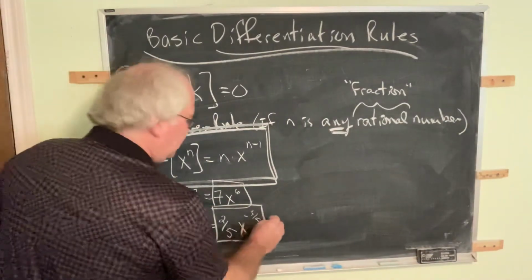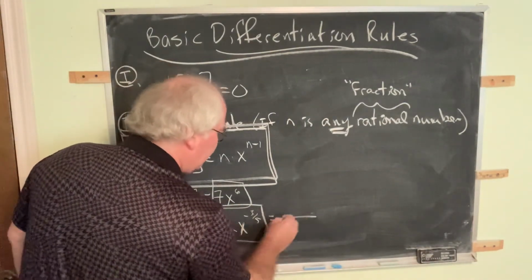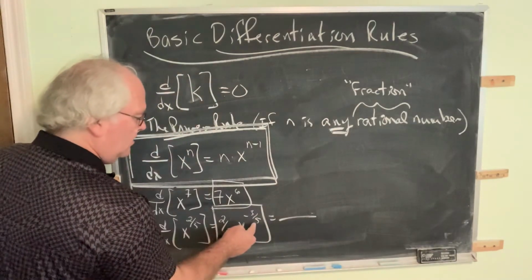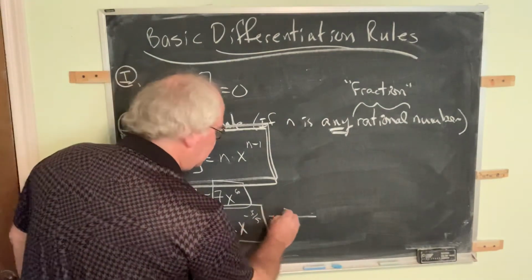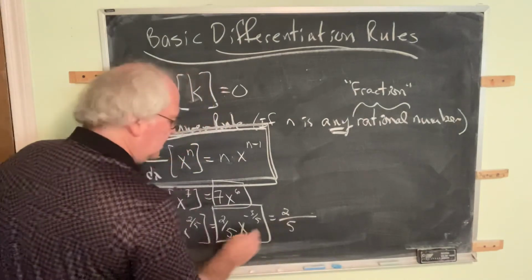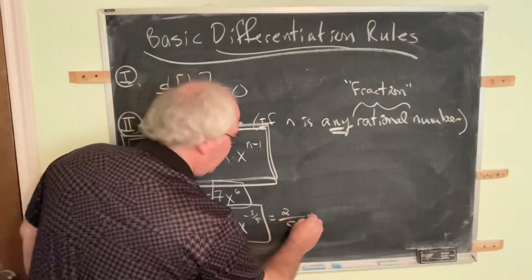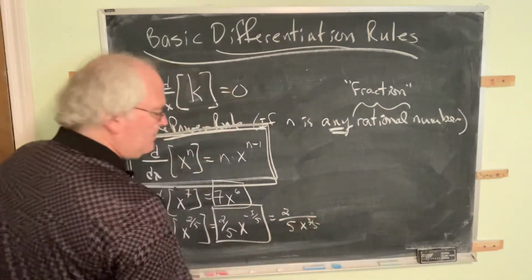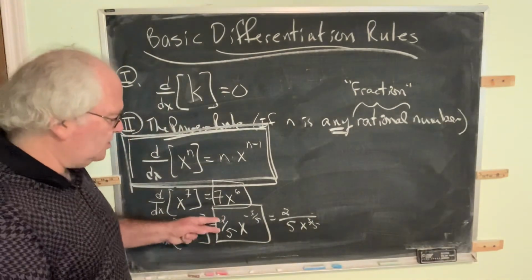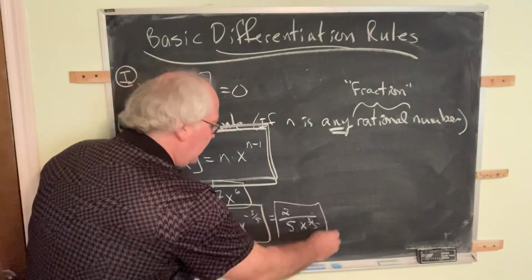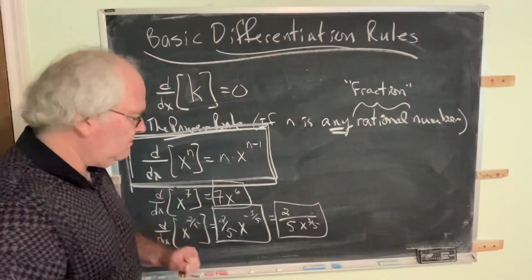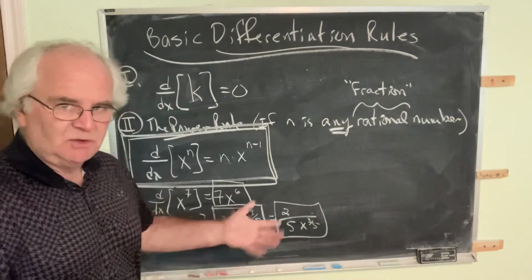Now, if you wish, you can take this negative exponent and simplify: this is 2/5 with x to the 3/5 in the denominator. You may leave it this way, or rewrite it that way. In this particular case, it doesn't matter to me which one you pick.